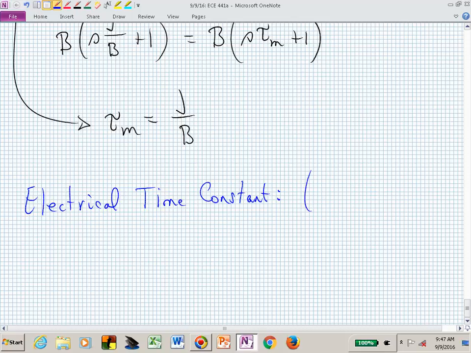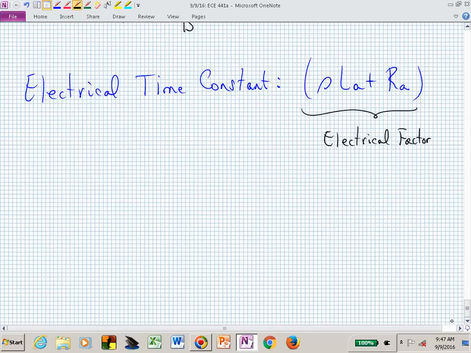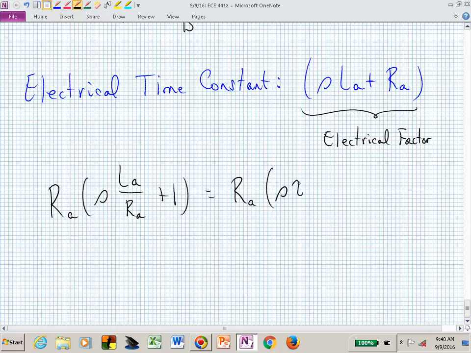The electrical factor is right there. So that if we factor out the resistance, we have S, L sub A over R sub A plus 1, or this is now R sub A, S tau sub E plus 1.